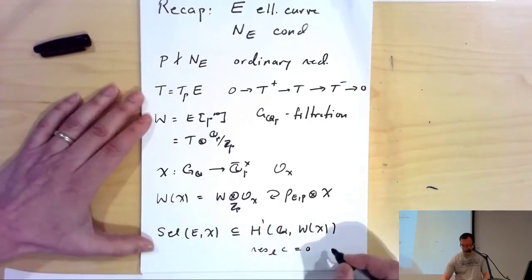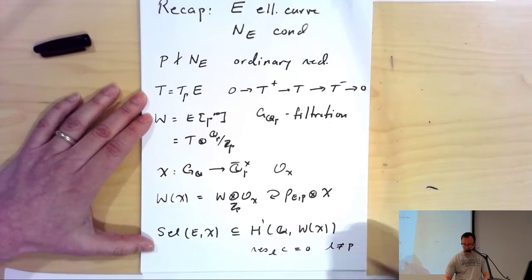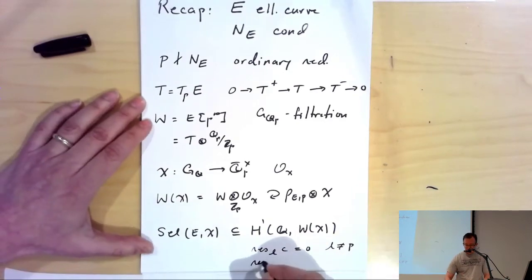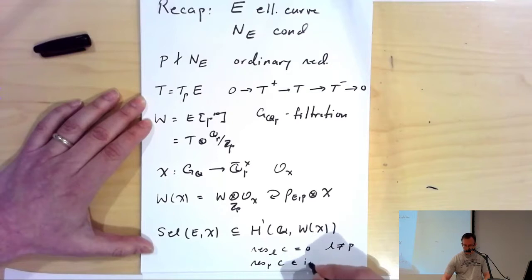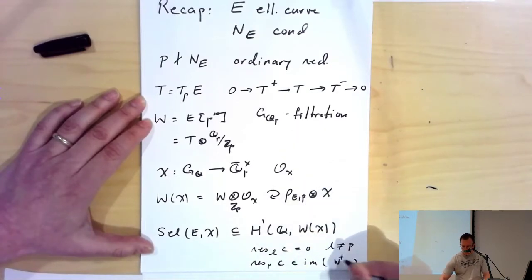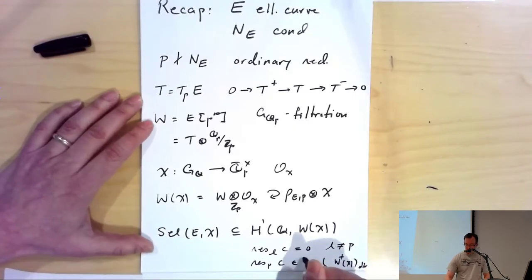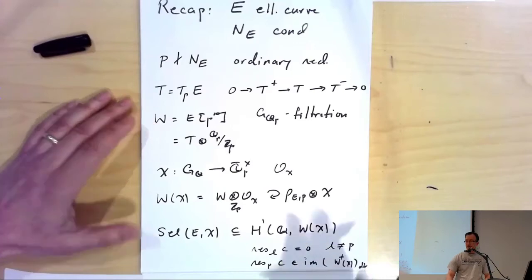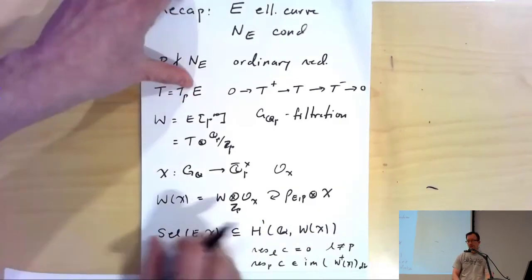The restriction just needed to be trivial. So this is for l not equal to p, and at p, the restriction of the class belonged to the image of the thing coming from W plus of chi, and there's a divisible. That's obviously a very imprecise way of writing it, but you get the idea. Okay.